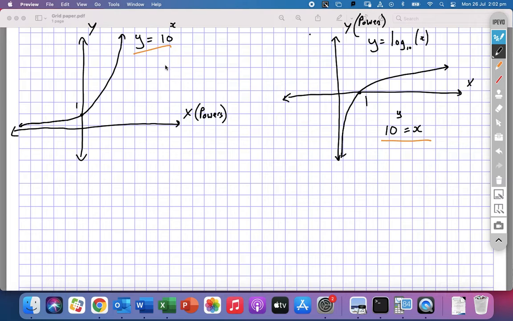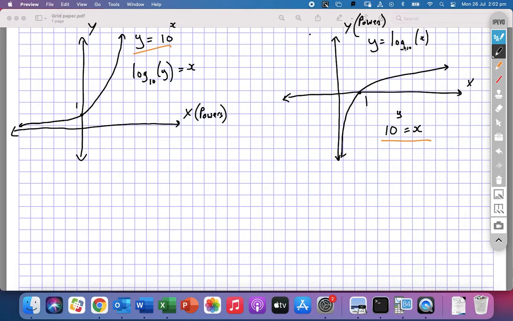I think what the book does, it says you could rewrite this as a log statement. So yeah, why not? So we could say log in base 10 of our answer, which would be a y, equals x. And again, you can see x's and y's have swapped between these two, right?